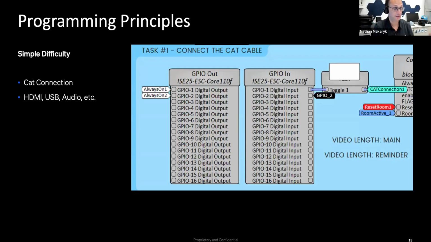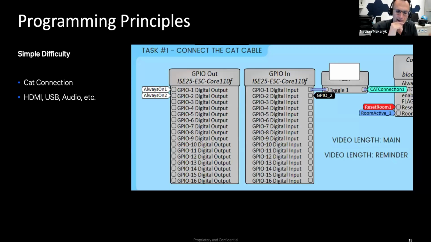Yeah. So like you said, we had a variety of difficulties in programming challenges, right? And one of them, this first one we talked about, was the idea that we wanted, especially for there to be some sort of narrative in this room. The first step was, okay, you need to connect to the system. We have a network cable, you need to connect your system to the engineer's system.